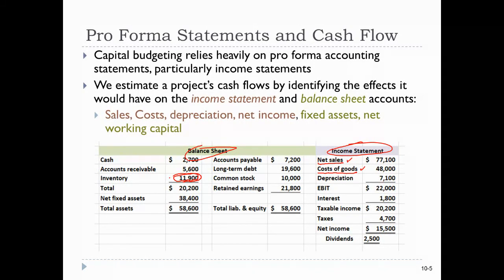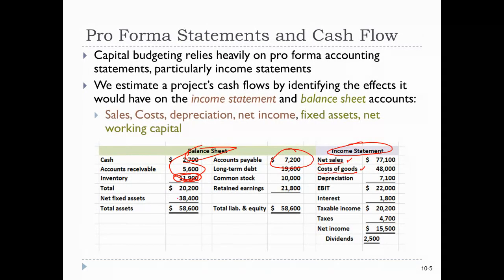Anything really that affects the current asset or the current liability accounts on the balance sheet would be considered examples of working capital expenditures. Any changes to those accounts represent changes in the company's working capital, and they probably will represent relevant incremental cash flows.